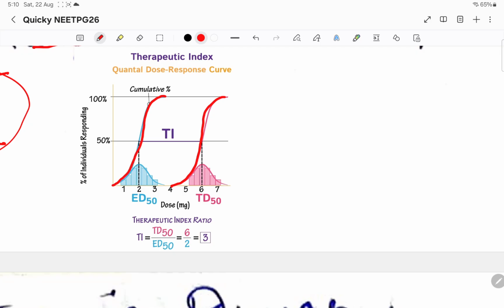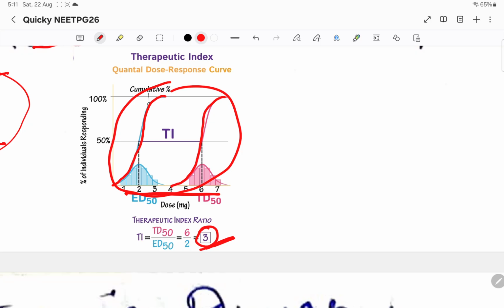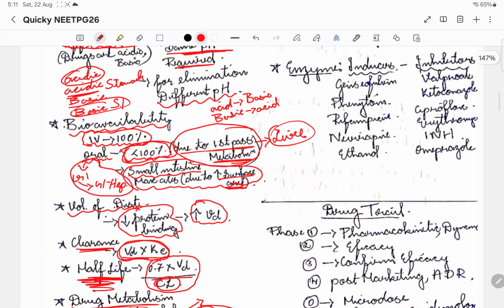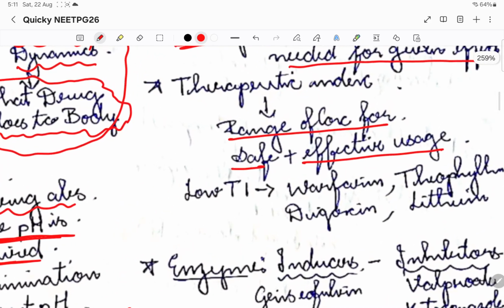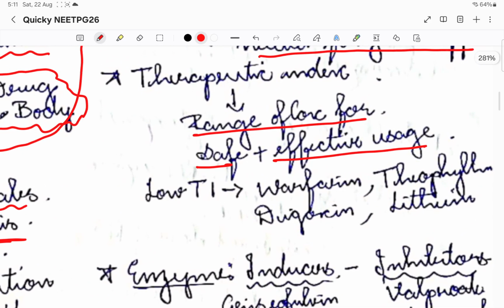TD50 by ED50 will give you a value. They will give you a graph, and they will give you the dosage values down here. So that is how you will calculate the therapeutic index of that particular drug. Please know that graph and TD50 by ED50.